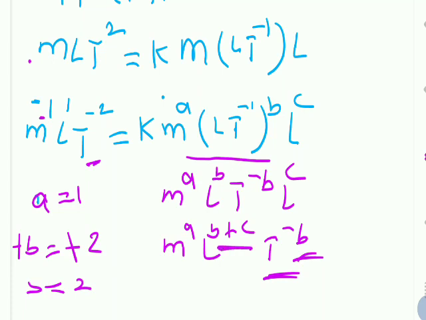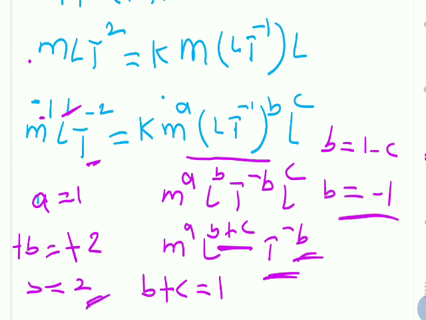Then B plus C is equal to 1, so here L is equal to 1, then C is equal to 1 minus B, then C is equal to minus 1, B is equal to 2.